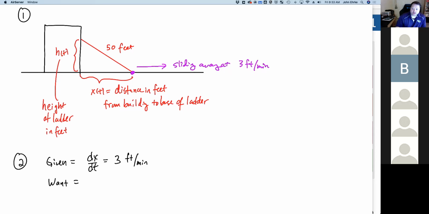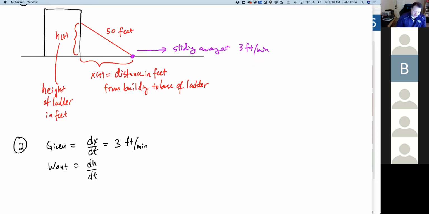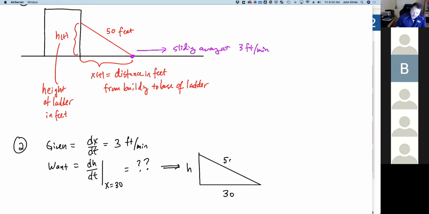The wanted rate is the height of the ladder, specifically when that distance is 30 feet. So I want to know the height of the ladder on the wall when this distance is 30 feet, which means I'm eventually looking at this picture: this distance is 30, this distance is h, and this distance, because it's the ladder, is always 50.